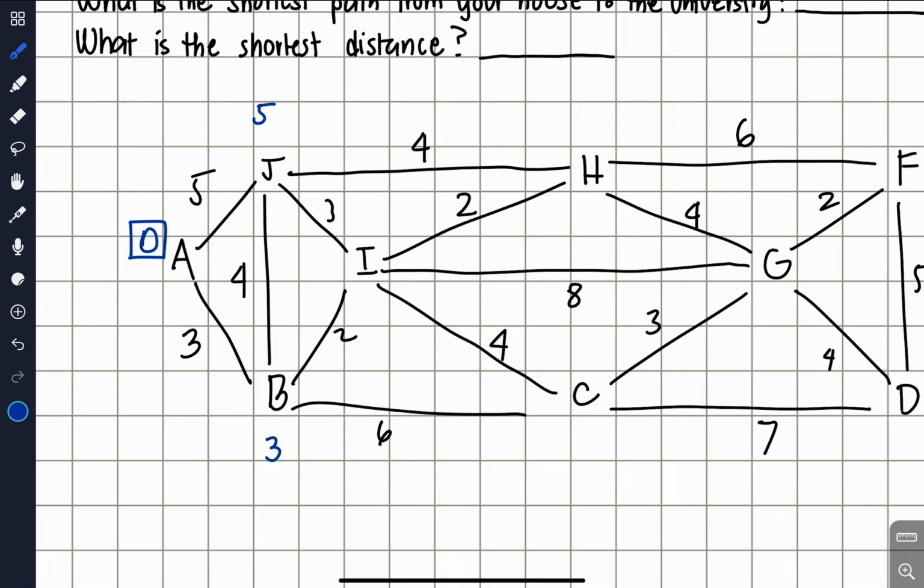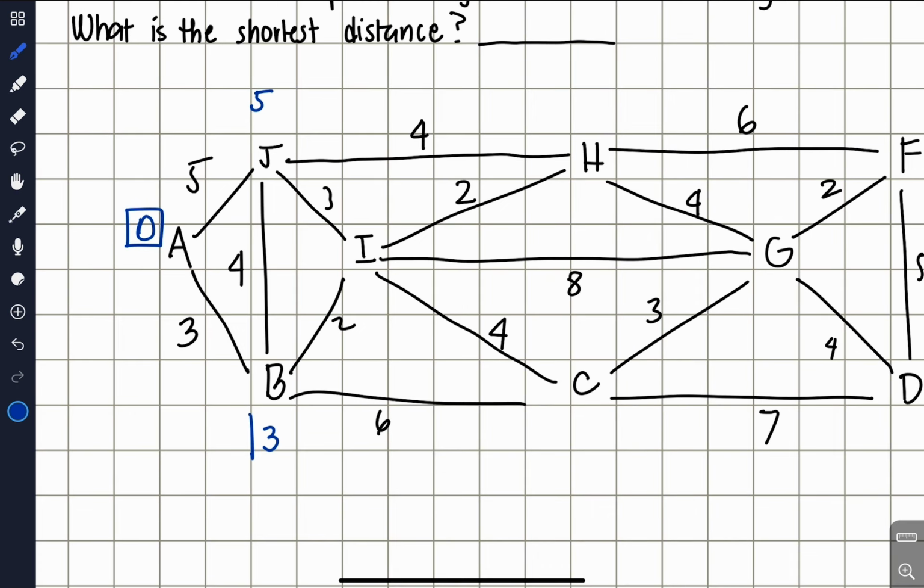Among these, we would determine the smallest number according to our fourth step. Our fourth step is to box the smallest number. So between 5 and 3, the smallest number is 3. So we box number 3.